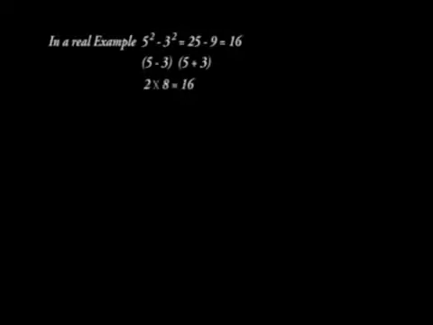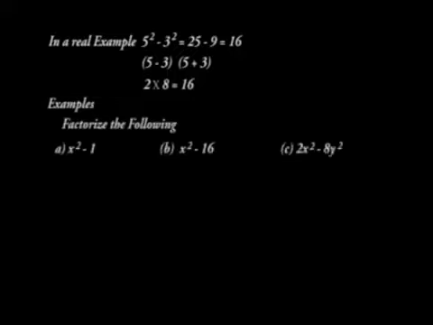An example, factorize the following: a, x squared minus 1, b, x squared minus 16, and c, 2x squared minus 8y squared.